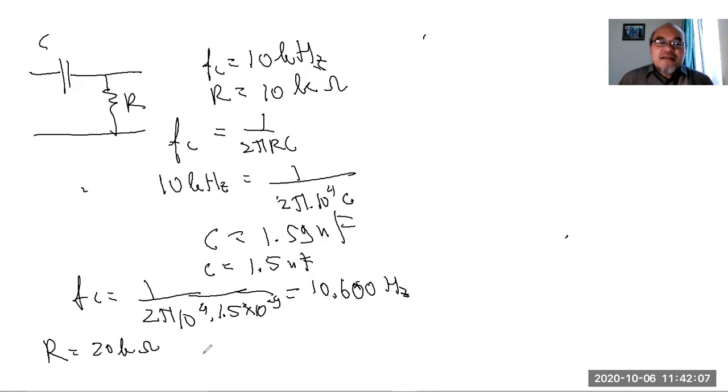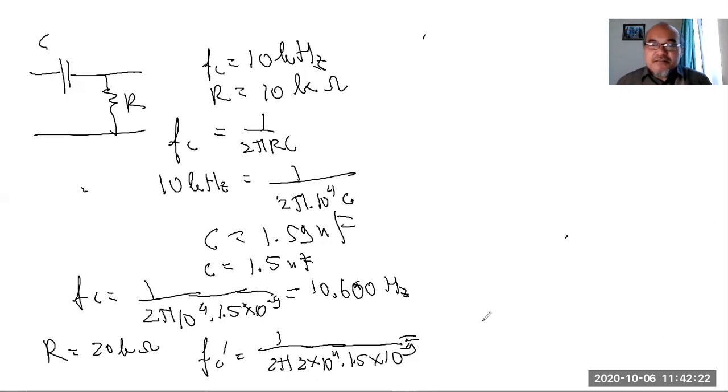So the new Fc will be 1 over 2 pi, 2 times 10 to the power of 4, 1.5 times 10 to the power of minus 9. What will be the new value of the cutoff frequency? Anyone, with the calculator? With the new resistor value, 20 kilo ohm.